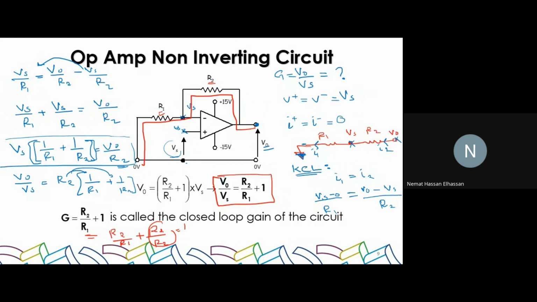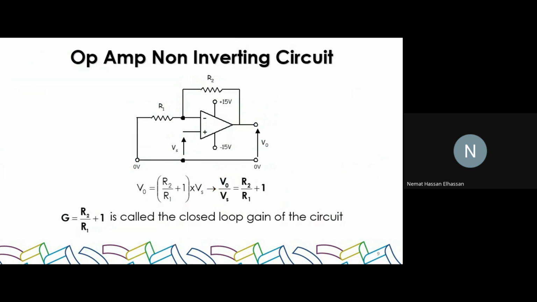Okay. We said that the gain is equal to R2 over R1 plus 1, right? If you want the gain to be equal to 5, then the ratio R2 divided by R1 should be equal to what? 5 minus 1, which is 4. And this one will go there.